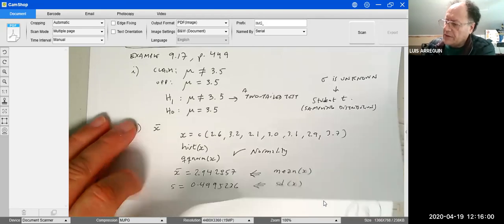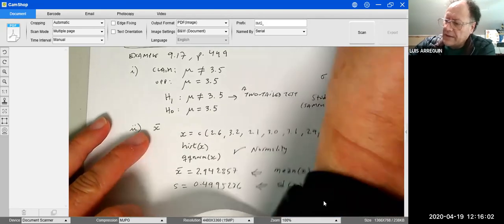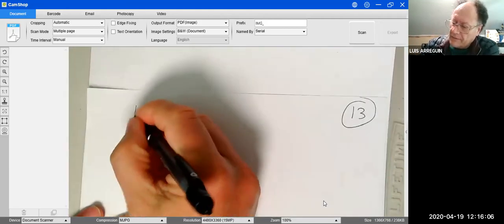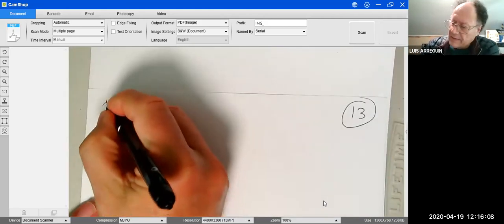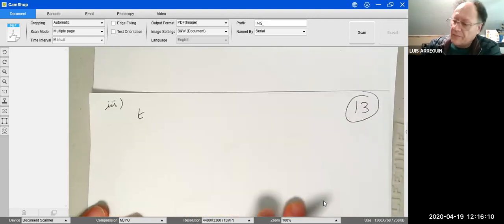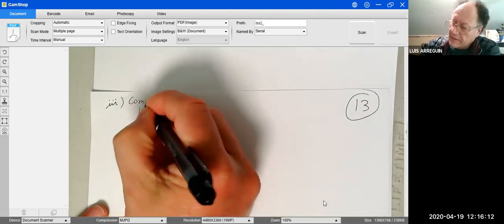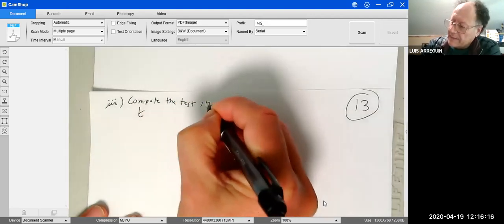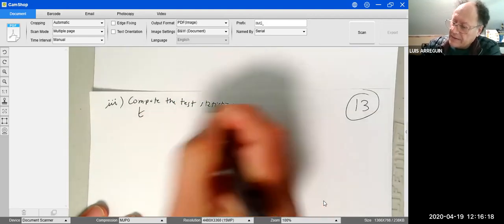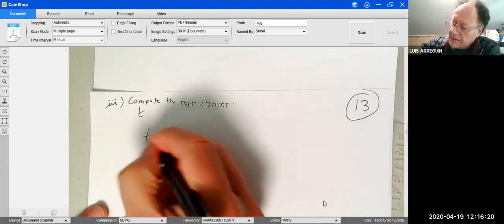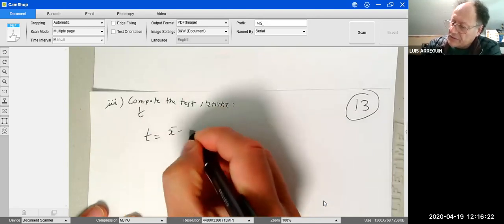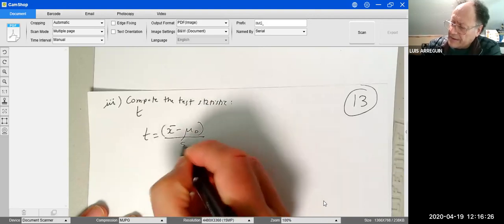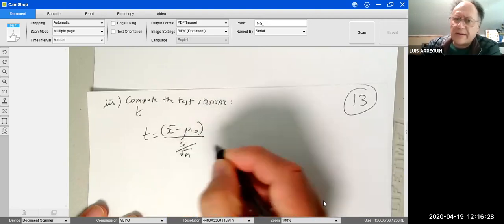So to compute t, we're gonna need our formula. So this is gonna be compute the test statistic t. So t is gonna be x bar minus mu from the null over s over the square root of n.